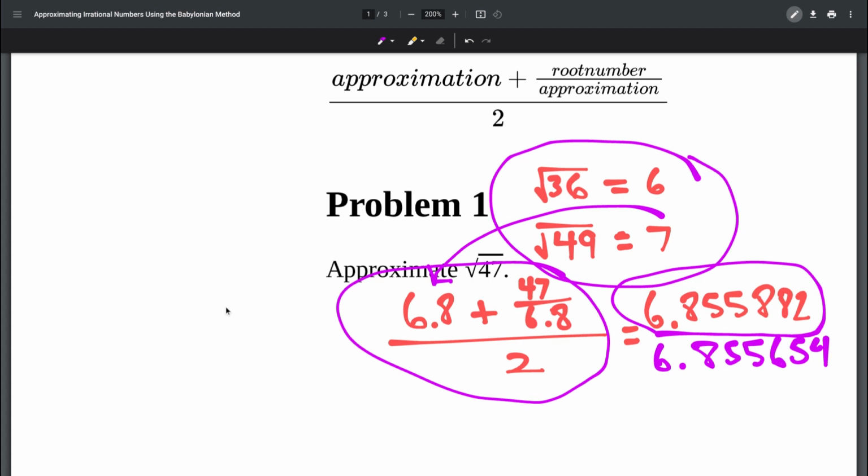That's a pretty good way to approximate that irrational number. You can, of course, refine it. If you do 6.8 times 6.8, you get like 46.24. Maybe you do 6.85 and 47 divided by 6.85, and you get closer and closer. And you get very accurate using this method, actually, which is quite cool.